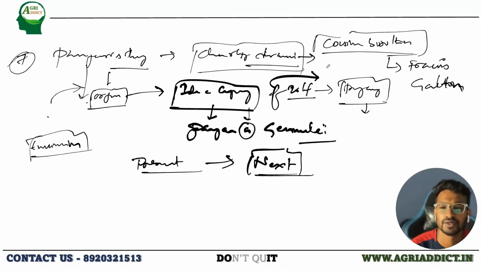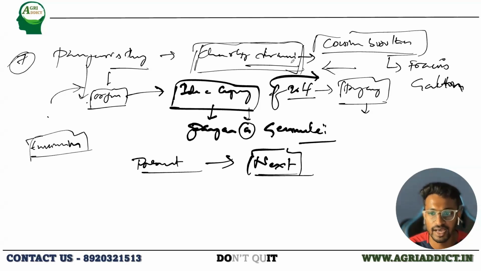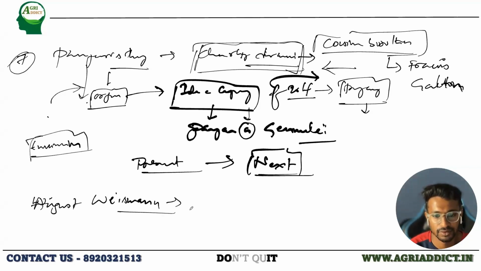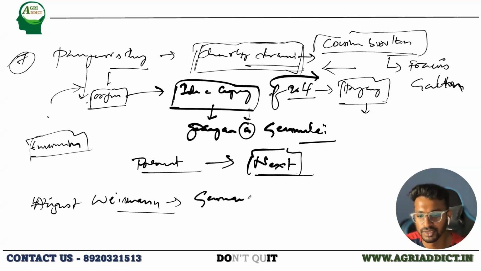He was the first person to challenge his own cousin's theory, which was put forward by Charles Darwin. After that, it was August Weismann. He disproved the pangenesis theory by putting forward the germplasm theory.